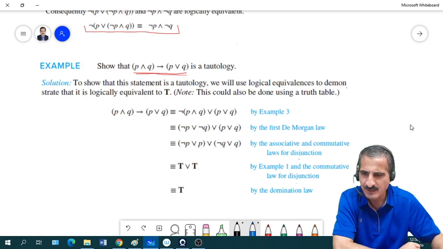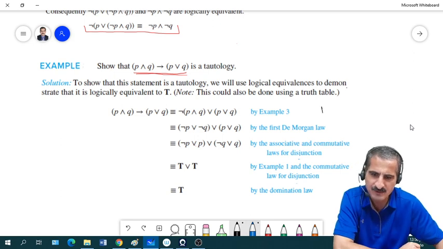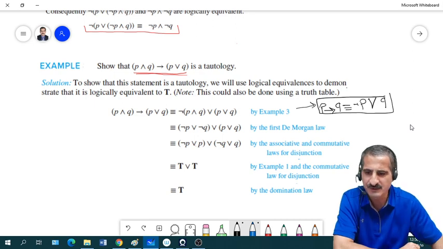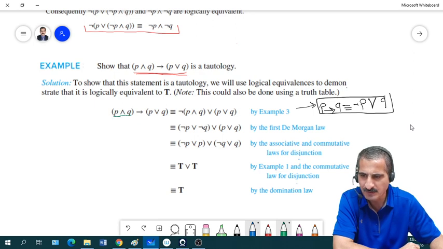Remember this rule which says P gives Q is equivalent to not P or Q. So we proved it in example 3 in the book. So we will use it. Now, this stands for P, for this P here.